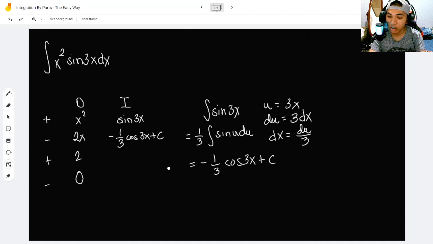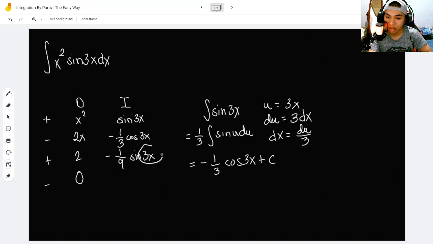So then the integral of this function would be negative 1/9 sine of 3x. Okay, let's actually omit the plus c here. So since the integral of cosine x is sine x, we just copy the parameter and multiply the denominator by 3.